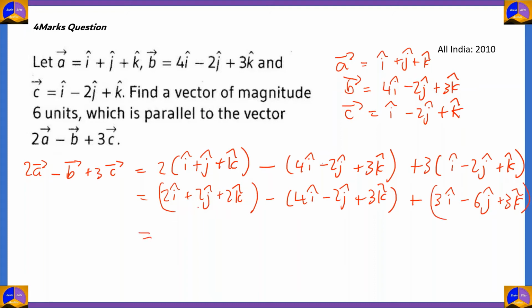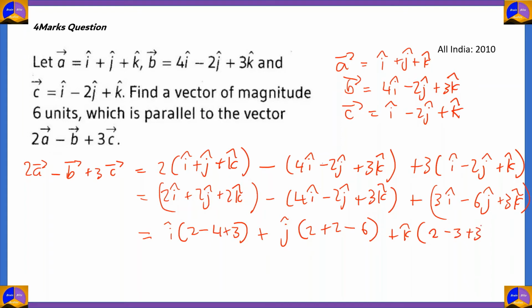And now we find out the individual components, i, j, and k. So rearranging the terms, we'll get i cap times, in the first one it's 2, in the second one it's minus 4, in the third one it's plus 3, plus j cap times, in the first term it's 2, in the second term it's plus 2, minus of minus, and then in the third term it's minus 6, plus k cap times, first term is 2, second term is minus 3, third term is plus 3.